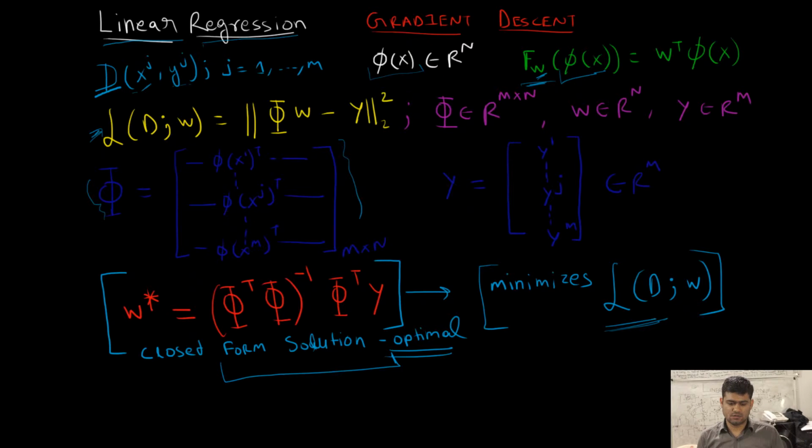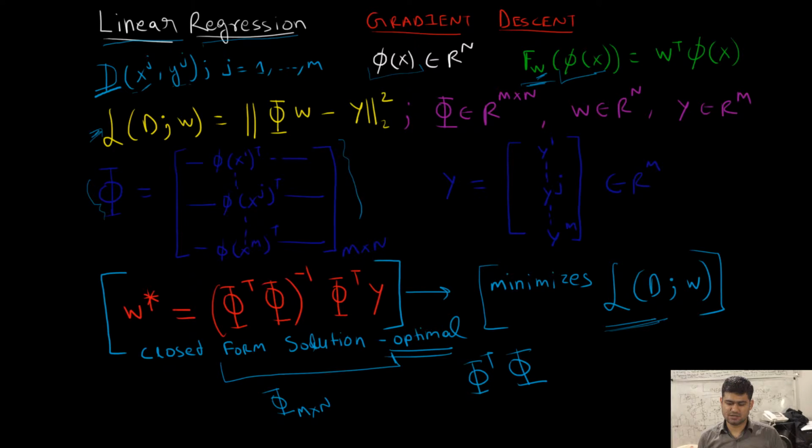So let's analyze what this solution represents. To compute this solution in a closed form, we have this matrix phi, which is an m by n matrix. So first we have to multiply two matrices, phi transpose times phi.